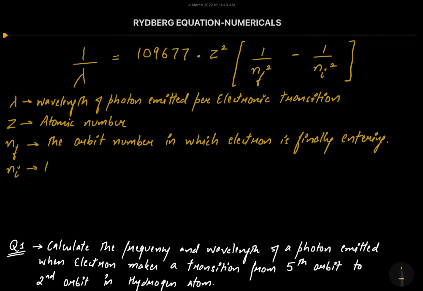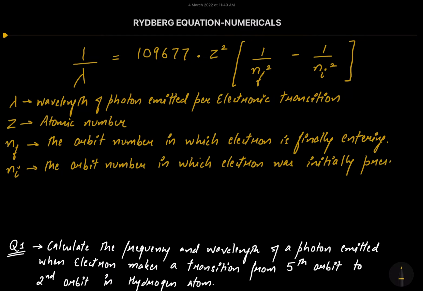It is the orbit number in which the electron was initially present. So this is the formula which I'm going to use for solving the numericals.